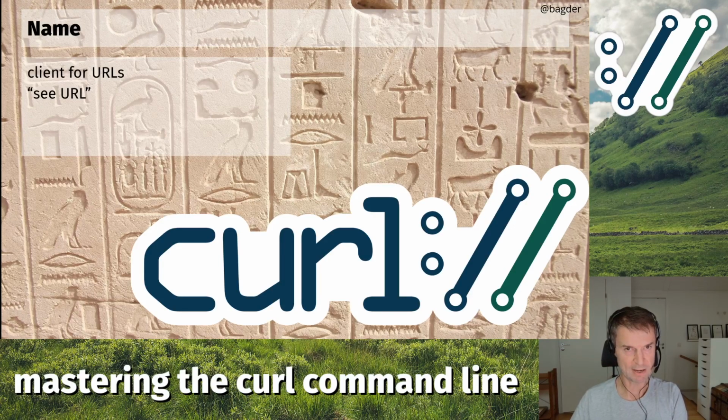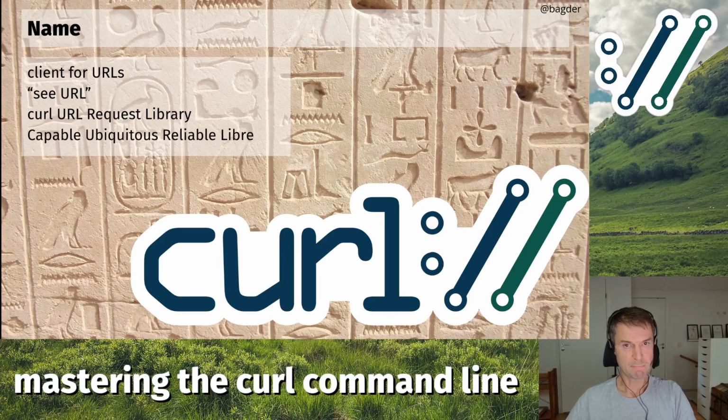So instead of a file, it would be a URL, pretty much. Others have, after the fact, also found some other fun ways you could spell out the acronym curl, but those are just funny ways to invent new ways to explain the word.